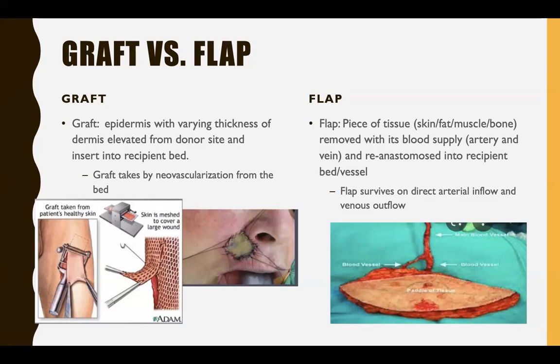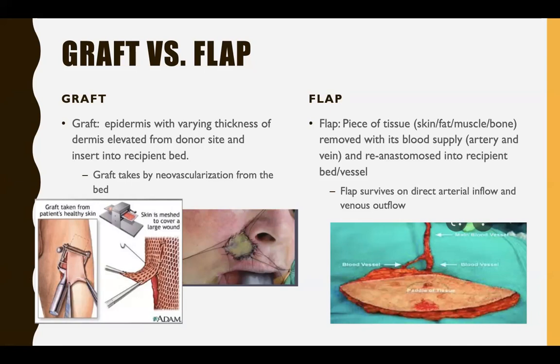On the other hand, a flap is a piece of skin, and this can include skin, muscle, fat, or bone. You find the angiosome, the paddle of tissue and its perforating blood vessel that supplies that patch of skin or muscle.